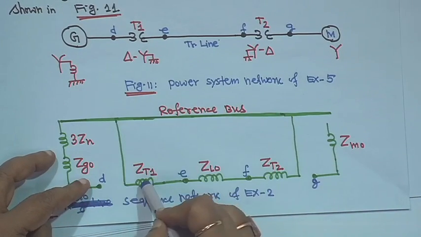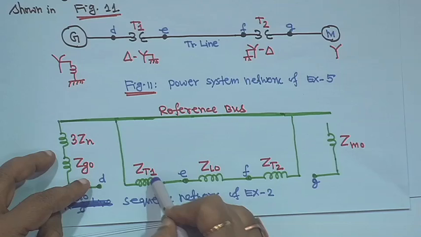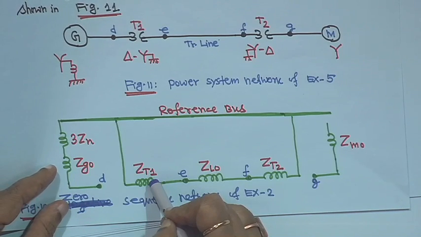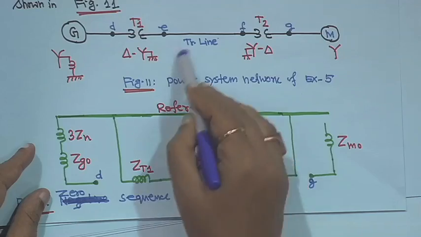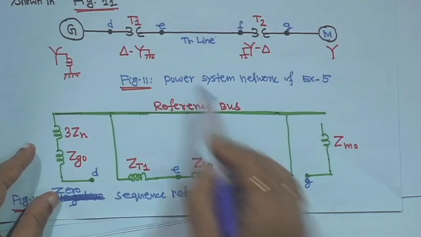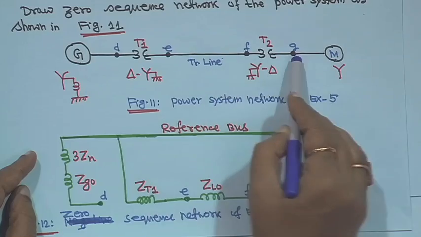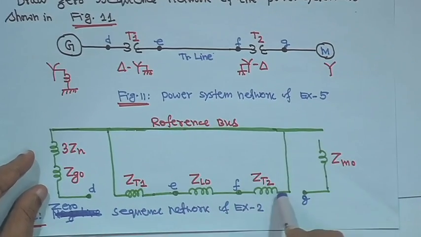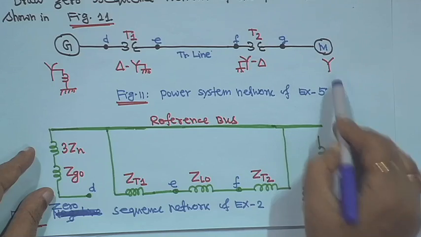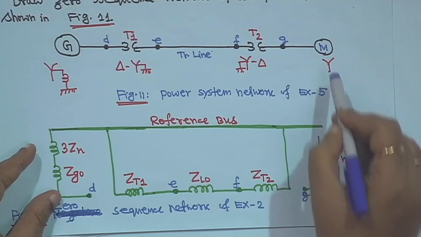So, this is ZT1, the transformer's zero sequence reactance; the transformer's positive, negative and zero sequence reactances are the same, right. This is for the line, zero sequence reactance ZL0, and this is ZT2. All these points you mark D, E, F, G, the way I marked them, right, and then you connect to the reference. This side is delta, this side is star, so isolation is there and it is not grounded.